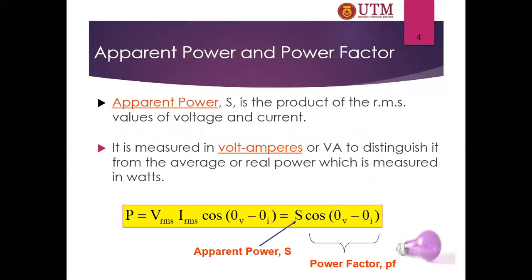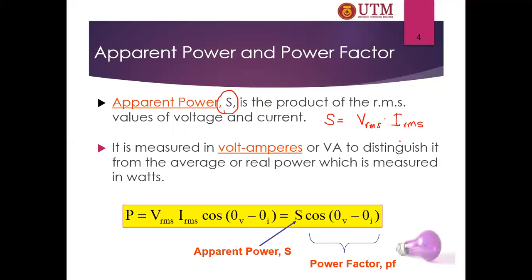So this is the new lesson for this week. What is apparent power? Apparent power, usually denoted S, is the product of the RMS values of voltage and current, which is simply S equals VRMS multiplied with IRMS.